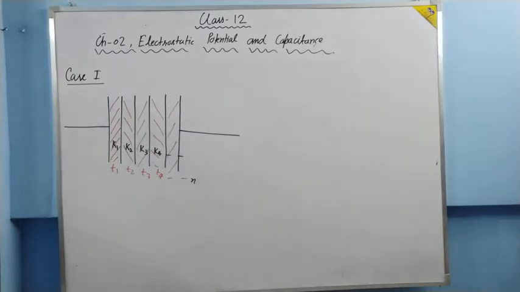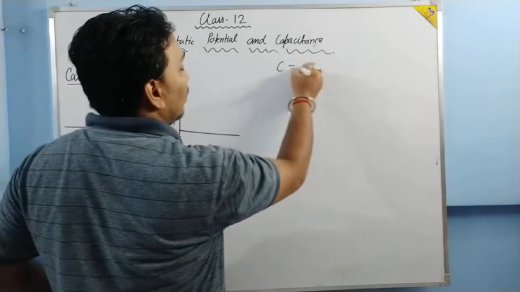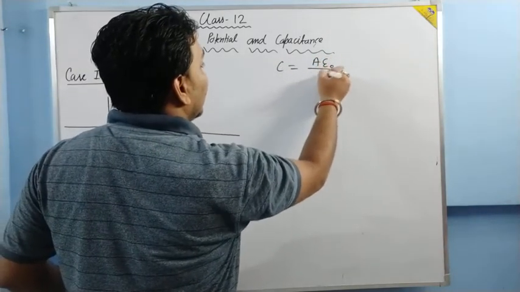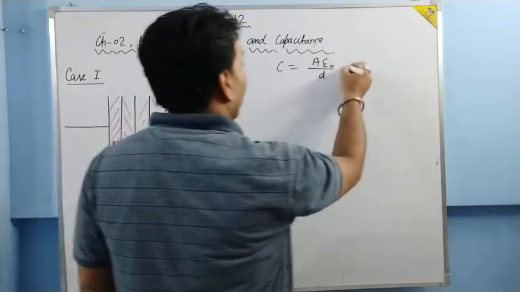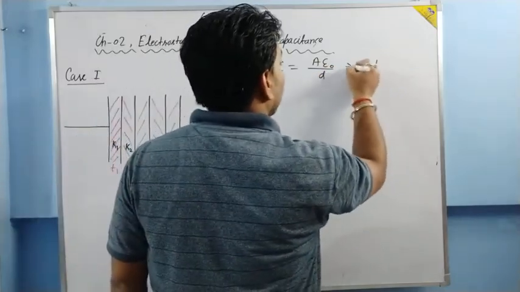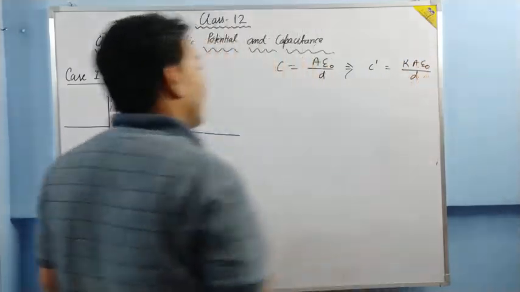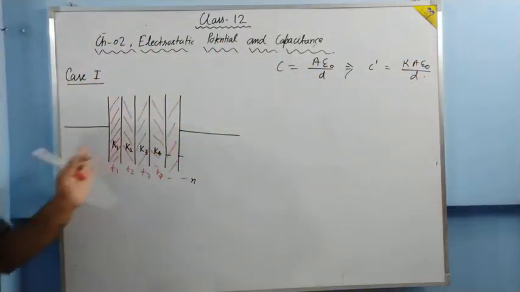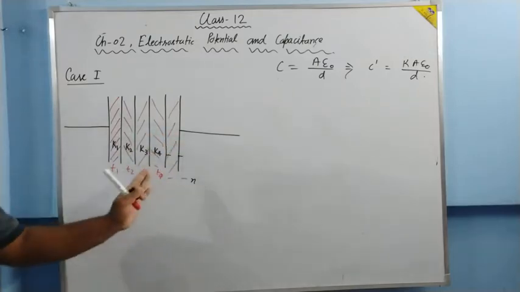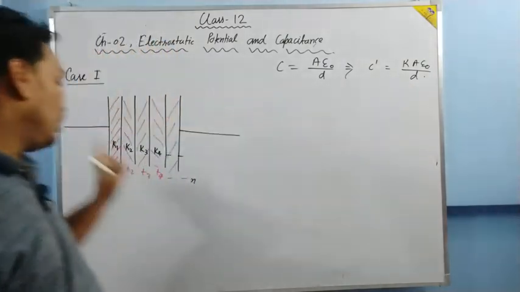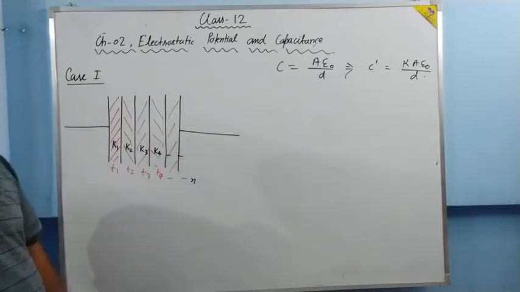Is it clear? The capacitance is A epsilon naught by D, and if it is completely filled, the capacitance C dash is equal to K A epsilon naught by D. So the plate area is the same for everyone, only the D is different: for this it is T1, for this it is T2, for this it is T3.